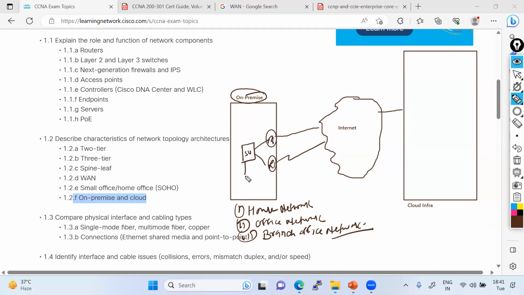And behind this switch, you connected with the laptop, right? Your server is going to be connected. Your printer is going to be connected. Your AP is going to be connected. Any kind of the CCTV is going to be connected. So a lot of devices going to be connected. And now further you connected with the WAN.